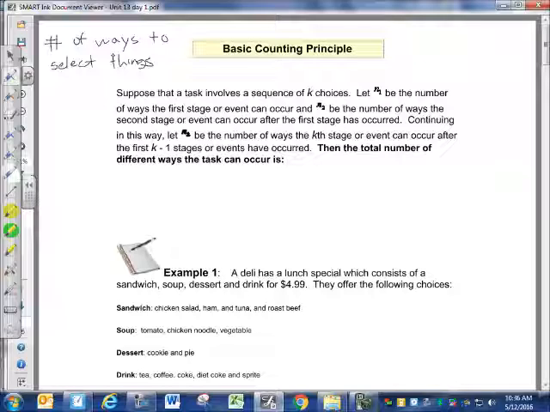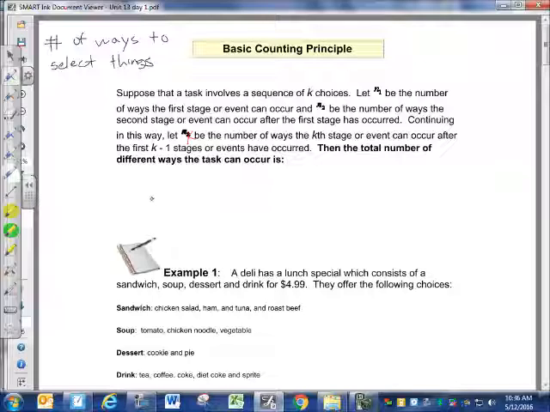Suppose the task involves a sequence of k choices, n being the number of ways the first stage or event can occur, and n sub 2 being the number of ways the second stage event can occur. Continuing this way, we're going to let n sub k be the number of ways the kth stage or event can occur after the first k minus 1 stages.